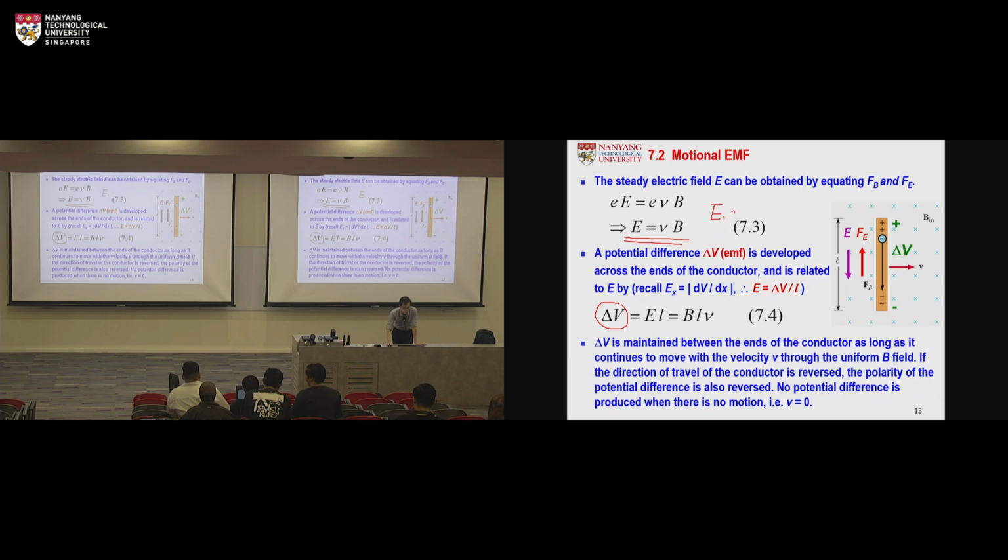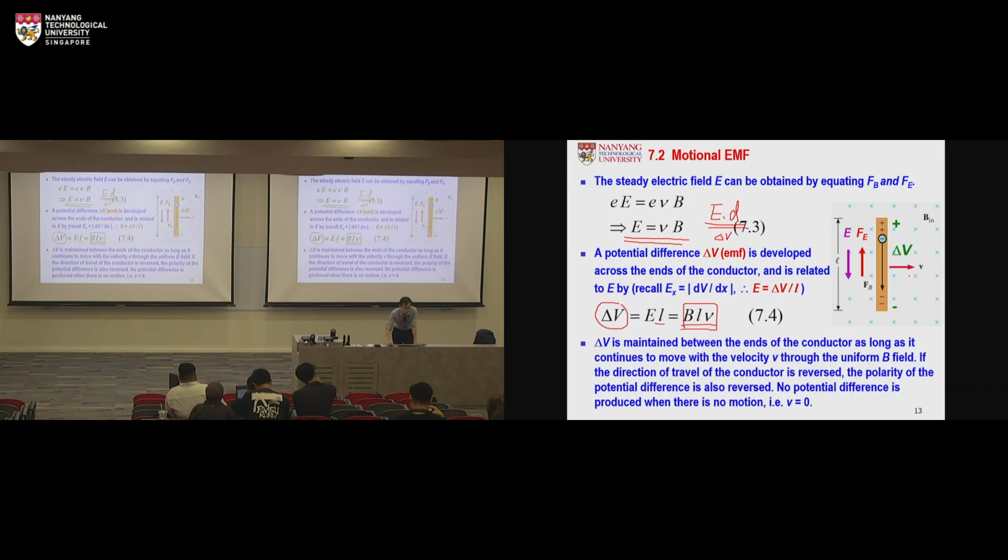times D. This is the potential difference, right? This is the potential difference. So in this case, the distance is just the length of the wire, L. So you will find out eventually the induced EMF is BLV.